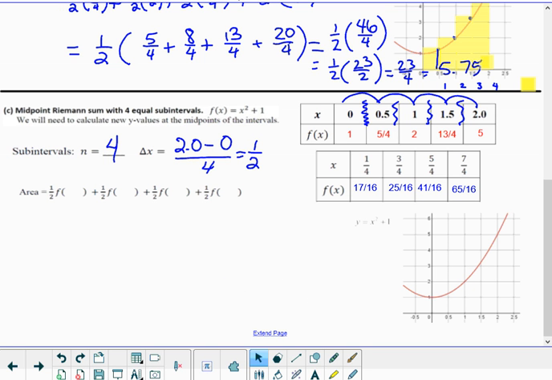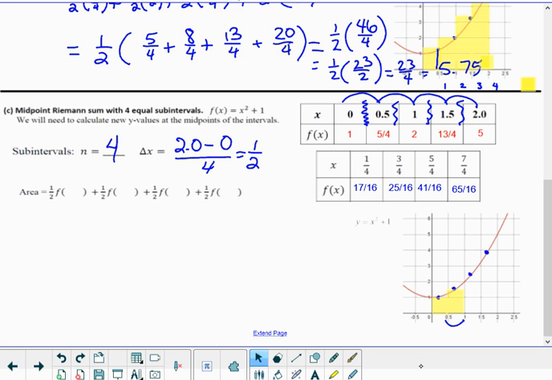We're working on midpoints. So put a dot in the middle of these half-unit subintervals. And that's the height then that our rectangle is going to climb. There and there, height of 25/16.